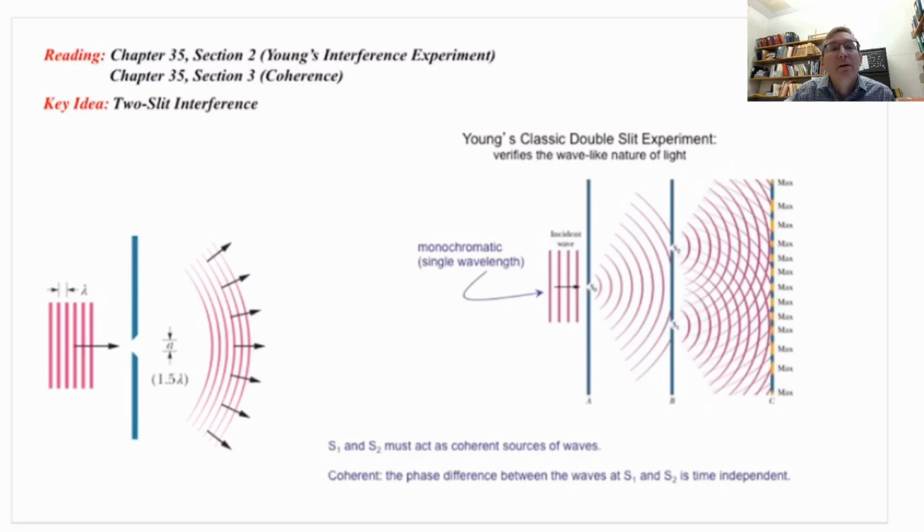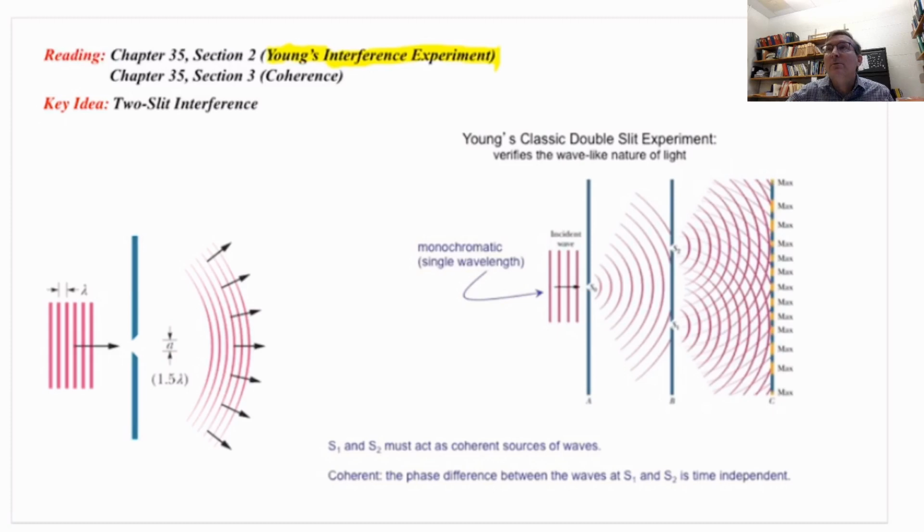Hello again. This is video lecture 35.2, and we're discussing in chapter 35, sections 2 and 3, a well-known experiment in the Western tradition that demonstrated that light really does behave like a wave.